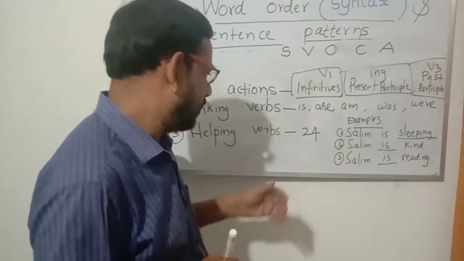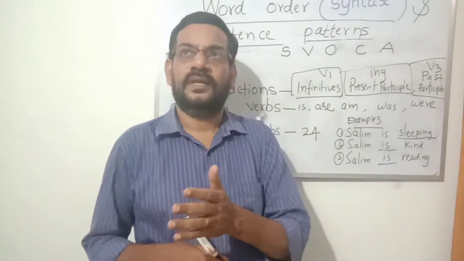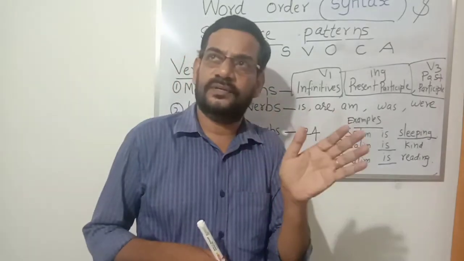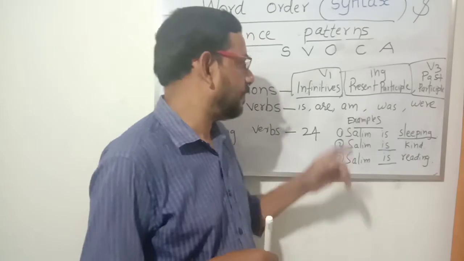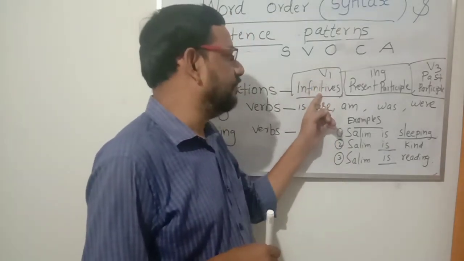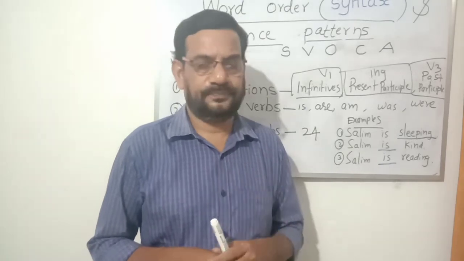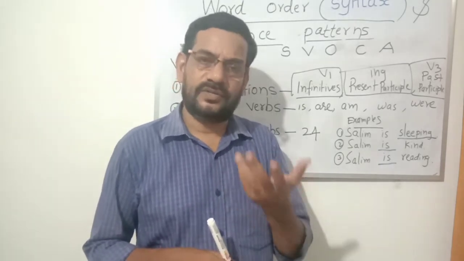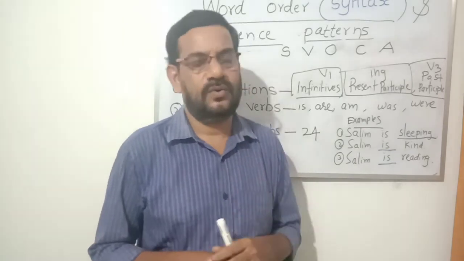In total, there are 24 helping verbs. And helping verbs are used along with main verbs to indicate the tense. For example, we take one infinitive. We don't know what is the name of the tense. For example, go. Go is an infinitive. That is only the name of a verb, the name of an action, go.